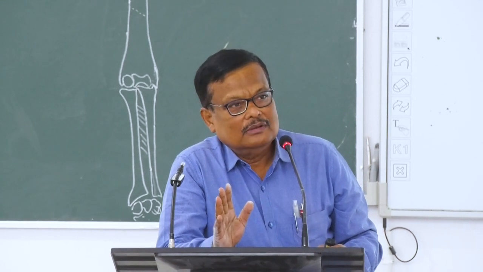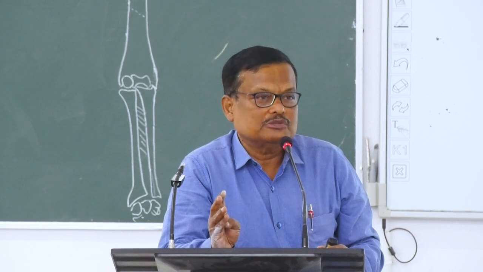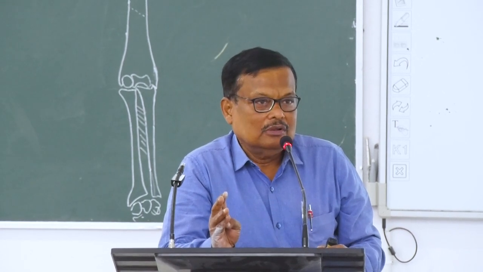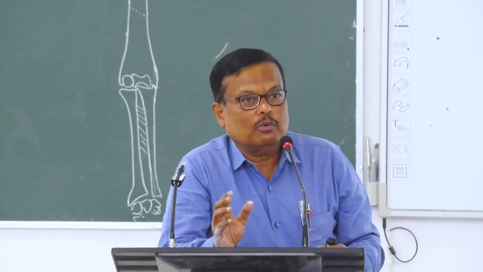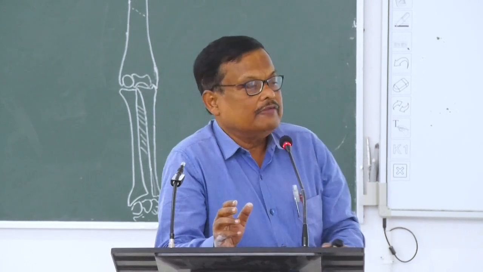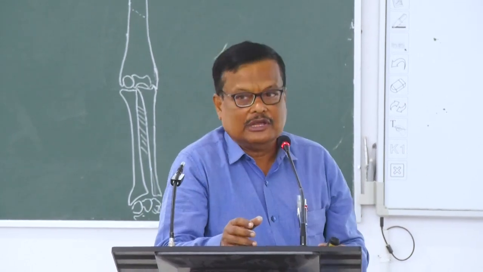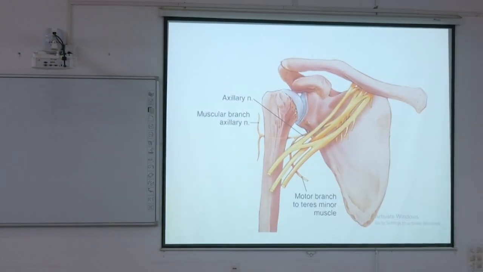Finished. তাহলে which muscles are supplied by axillary nerve? Deltoid and teres minor. So if the axillary nerve is affected in the surgical neck of the humerus, deltoid muscle is affected and teres minor is also affected.